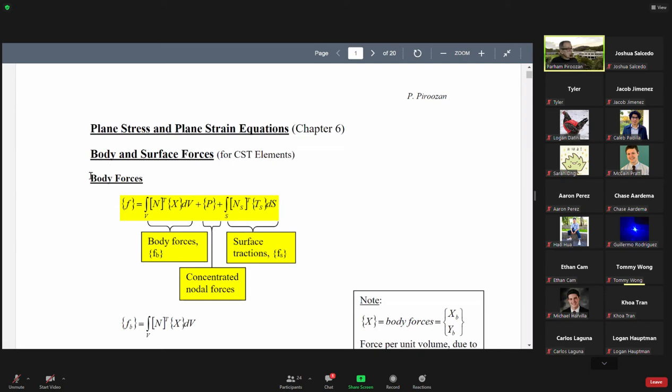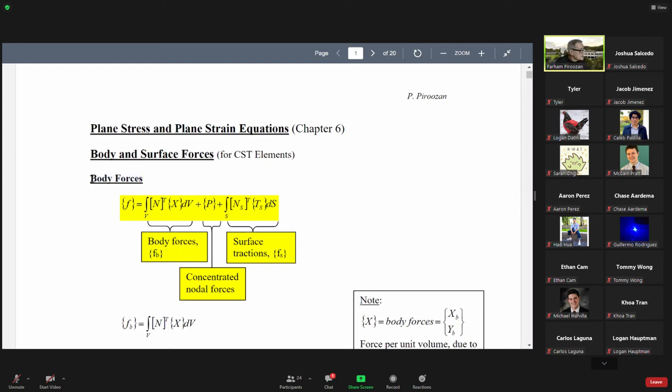Again, we ended up with that equation. Let's look at now what happens to the body forces. This was F I showed you. And we said that it consists of body forces, this piece. Look at this X, this is body forces. Concentrated nodal forces and traction, surface forces. Let's look at one by one, body forces.